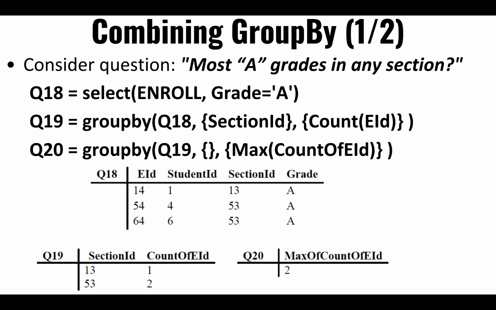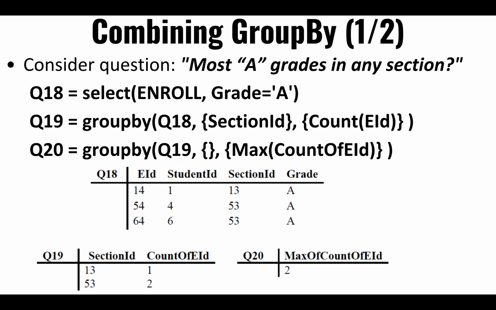Then we can group by the section ID and count how many enrollments there are. Notice that this is one group, 13, and this is another group, 53. We collapse these and then count how many A's there are. So there's 2 here and 1 here, and we end up with the section ID and the count of how many there are. We can then do another group. We group Q19 with itself, and then just group the entire table.